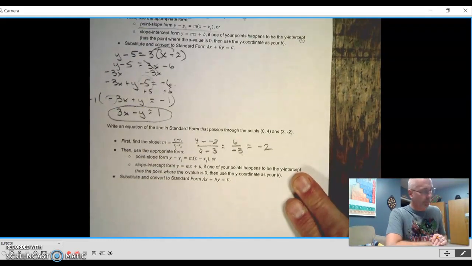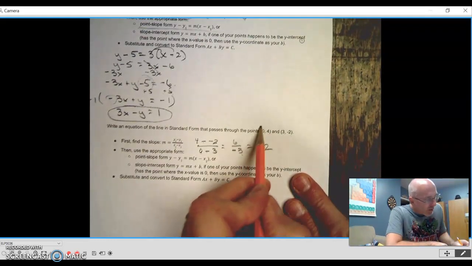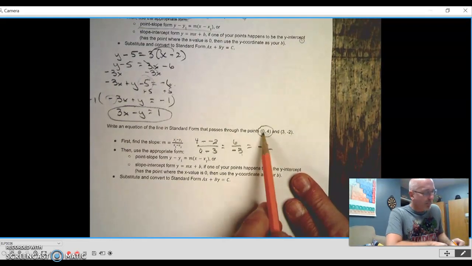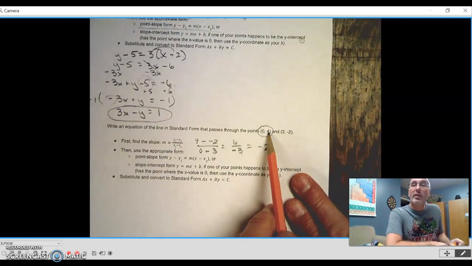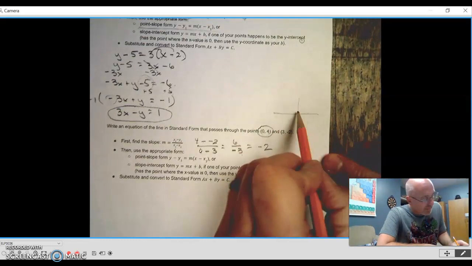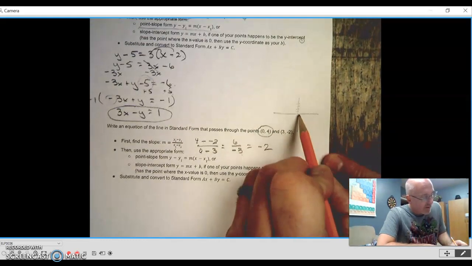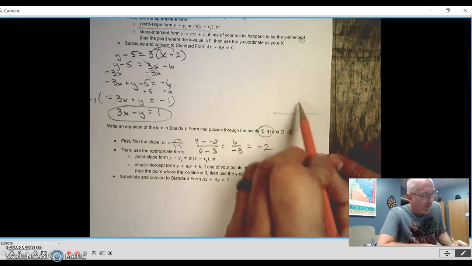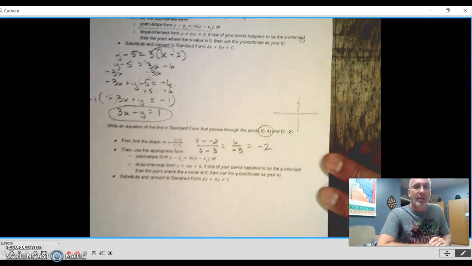There is our slope. Now, we noticed here, it goes through the point (0, 4). If we were to graph that, the x value is 0 and the y value is 4. Does that ring a bell? It should. That is your y-intercept.